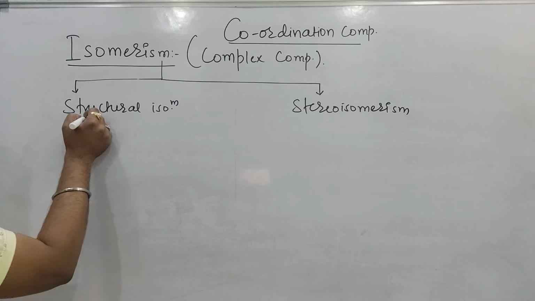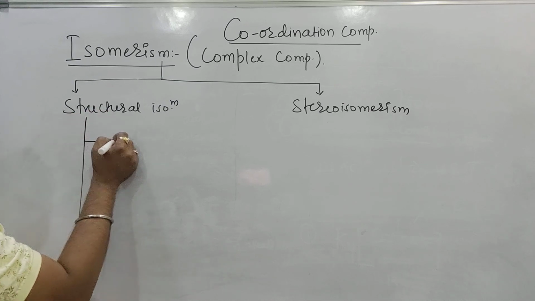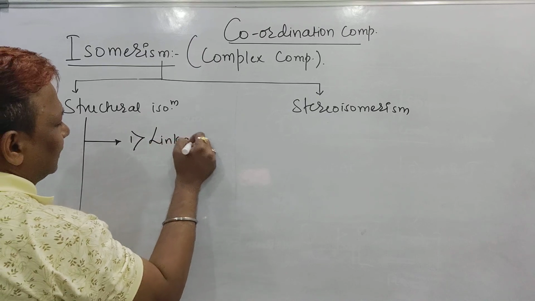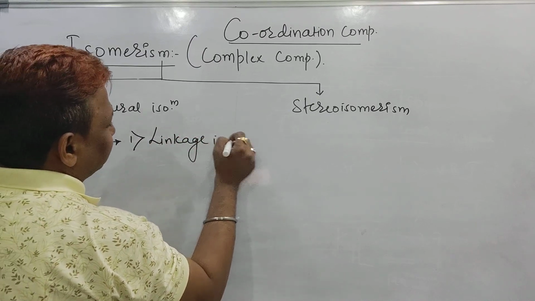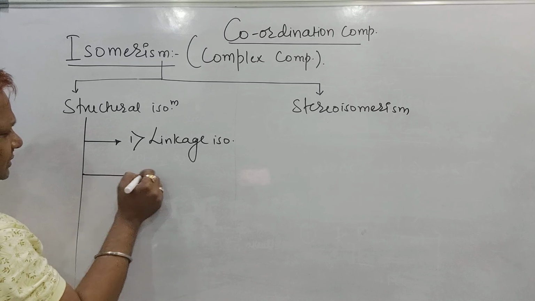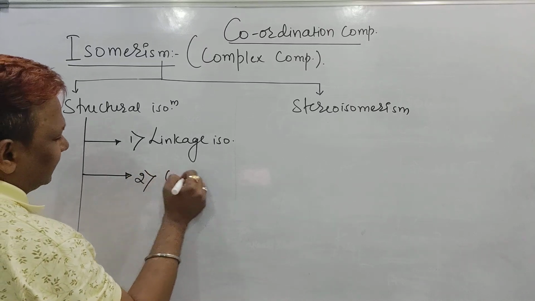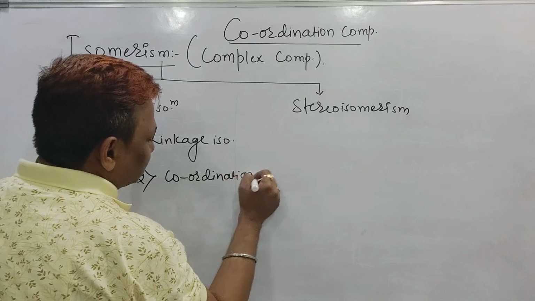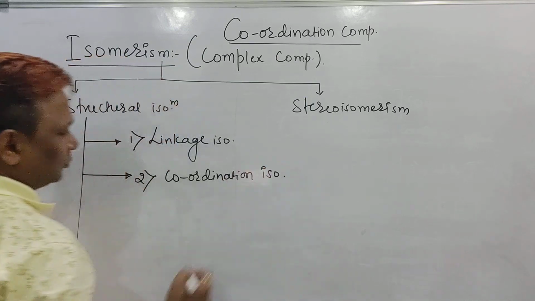This structural isomerism is of the following types. According to NCERT, beta, the first one will be called linkage isomerism. The second one will be called coordination isomerism. I am writing isomerism in the form of ISO.